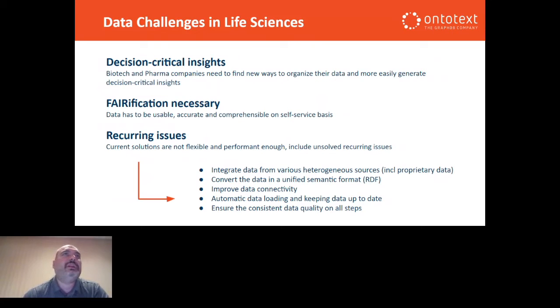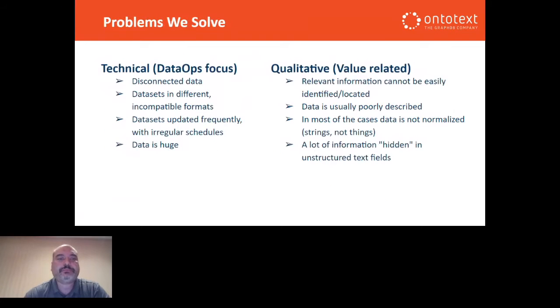We need to integrate heterogeneous, disconnected data sets, convert the data into a unified format that will help us integrate it more efficiently and connect it better in order to reach much deeper insights, to automate the whole process, and to ensure quality on every single step within the process.